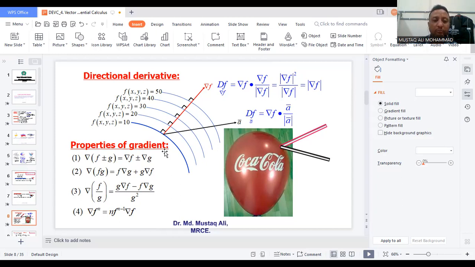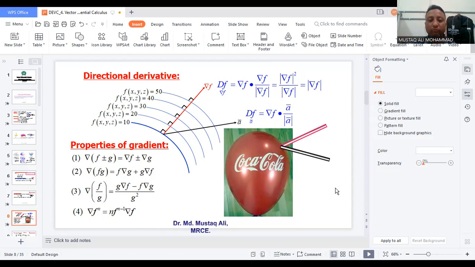These are the simple properties of the gradient. Del of f plus or minus g is del f plus or minus del g, the linearity property. Del of f g is f del g plus g del f, like the u v formula in derivatives.